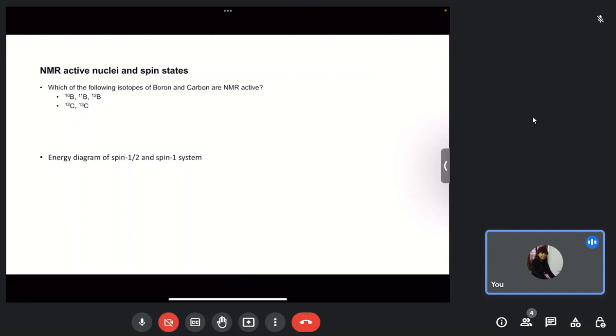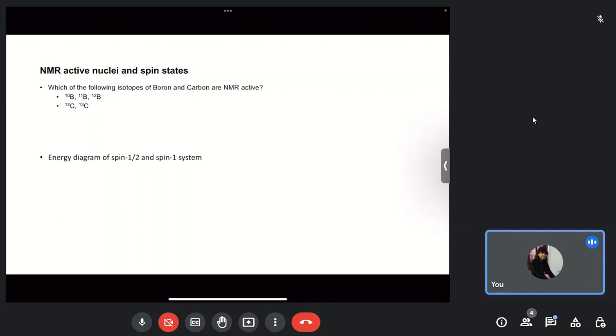NMR active. Nuclear magnetic resonance is shown by nuclei which have a non-zero spin angular momentum quantum number, and so it can be differentiated based on the mass number and the atomic number of the nuclei or the atom that you're interested in.